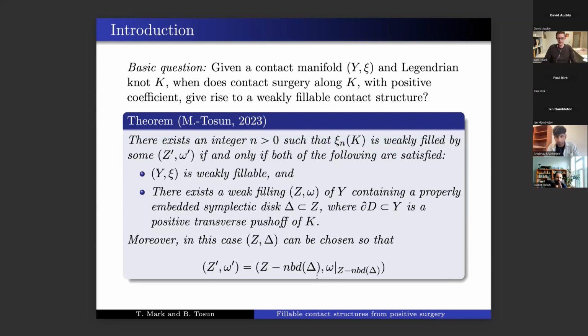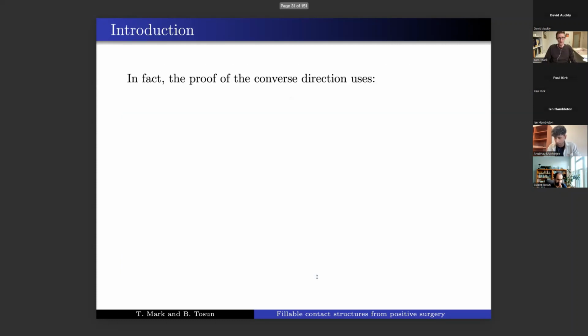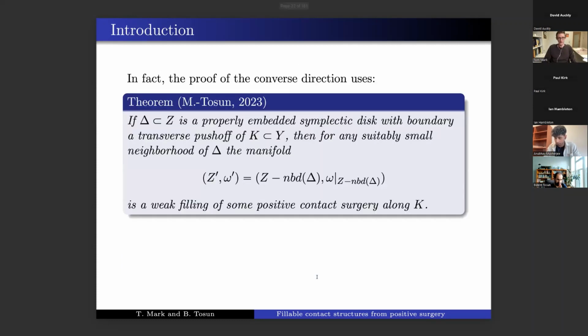I'm going to state that again as its own theorem. If you have a symplectic disk properly embedded in a symplectic manifold, weakly filling something at the boundary, then you can remove a neighborhood of that disk and obtain a weak filling of some contact manifold, which is obtained by positive contact surgery along the boundary of the disk.